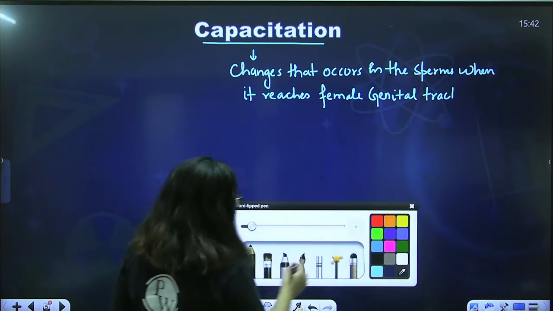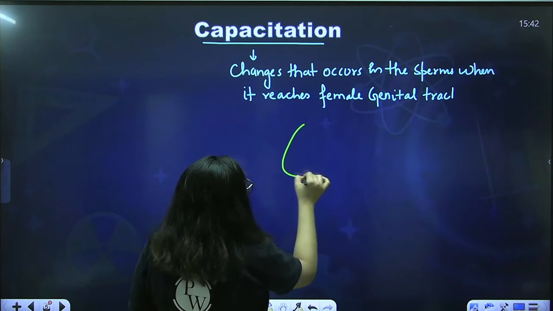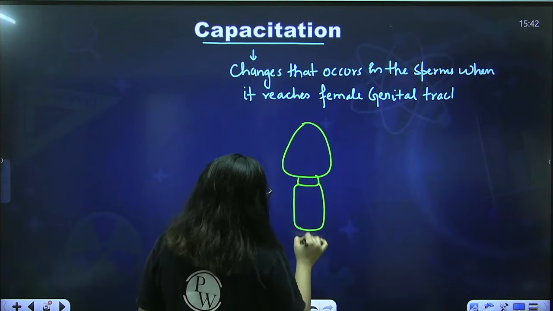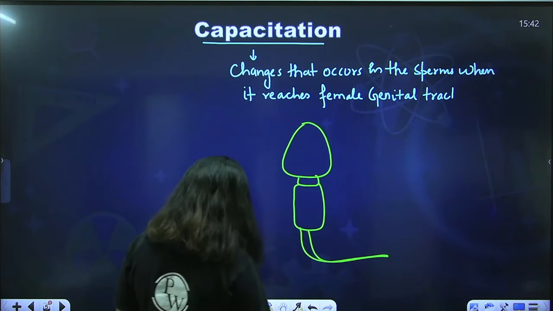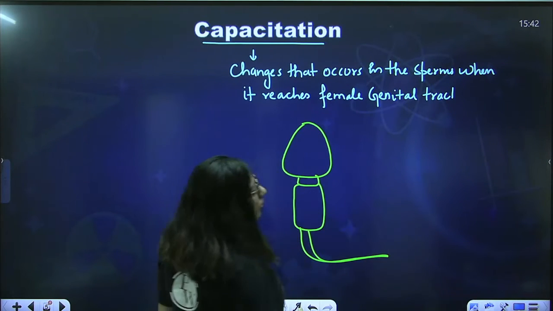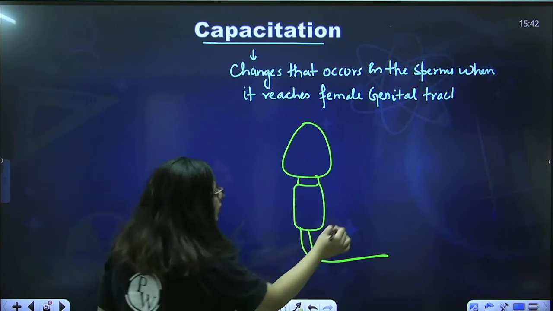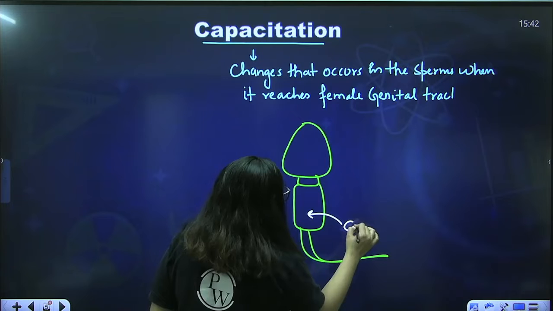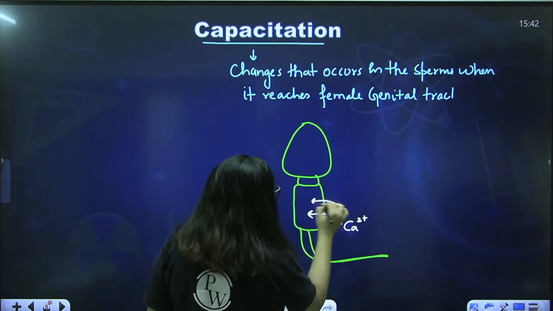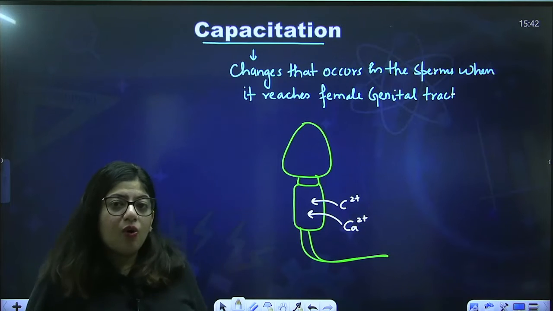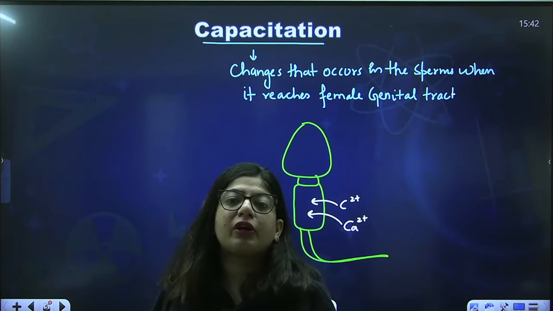Now what are these changes? For example, this is the head of a sperm, this is the neck, middle piece and tail. Now we need sperm to move very fast. So the first change that will occur is that calcium will start to enter inside the sperm. Because if calcium enters, it will allow the fast movement of the sperm.